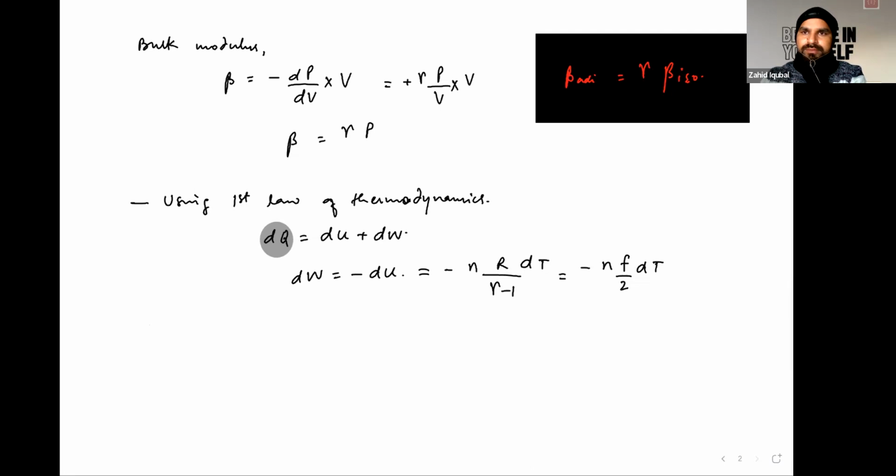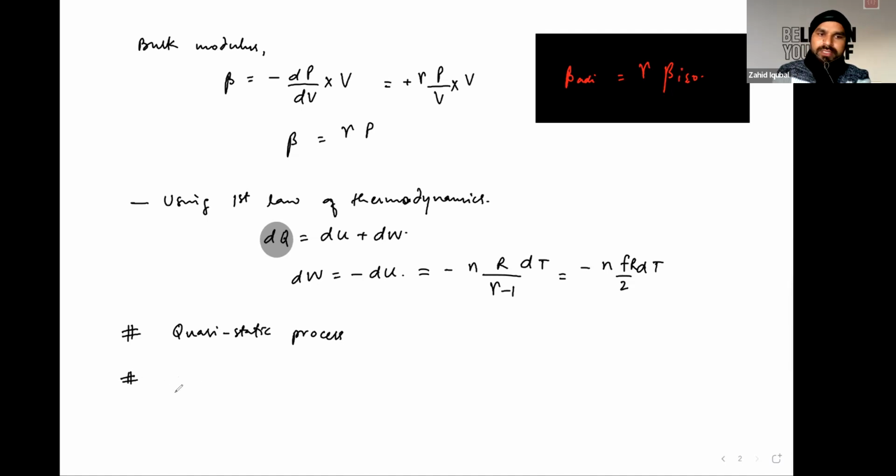So let me define this. We'll have two different types of process. One is a process which takes place very slowly, that is also called a quasi-static process. A process carried out so slowly that it acts as if at rest is called a quasi-static process.